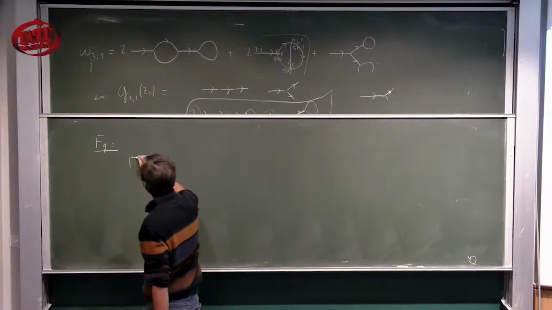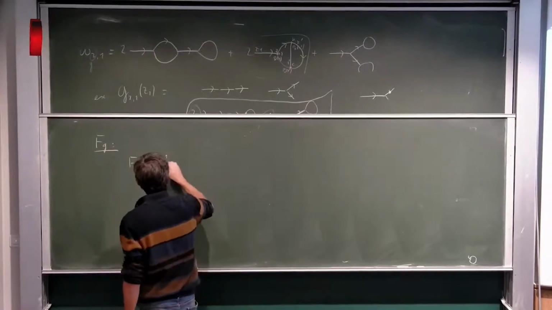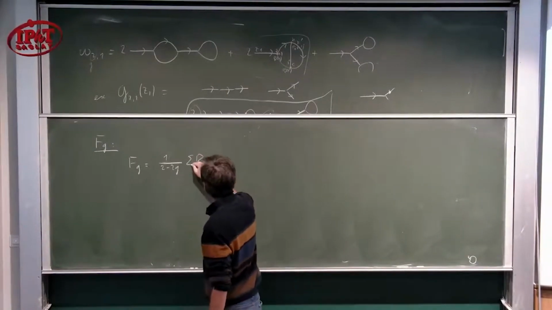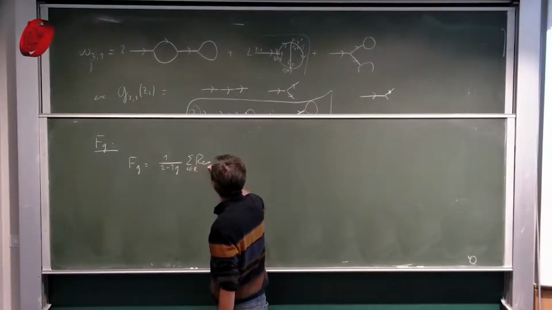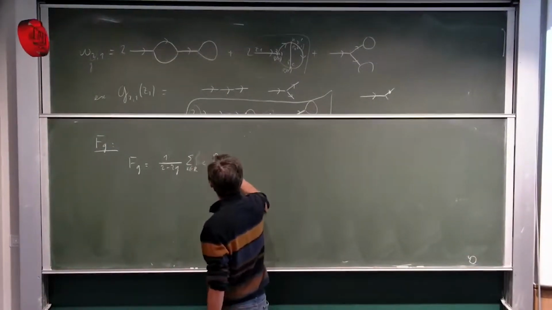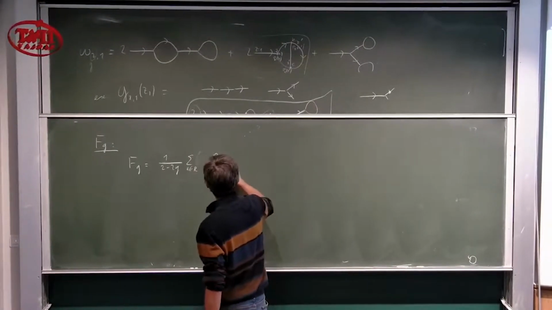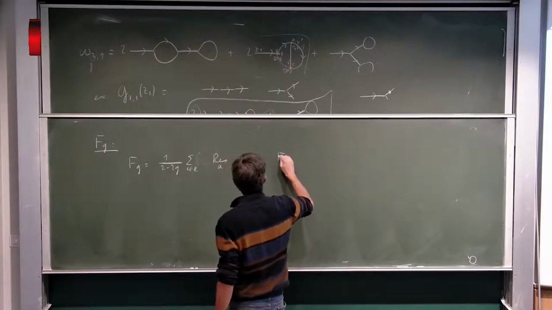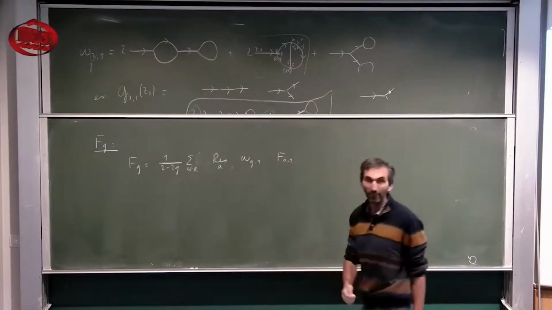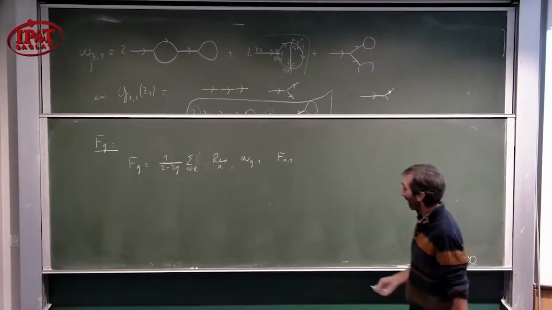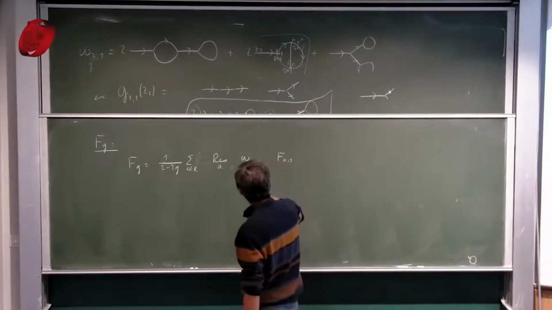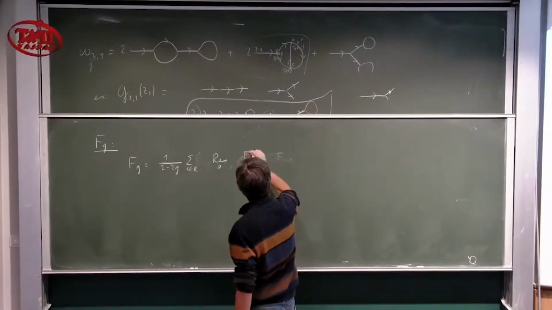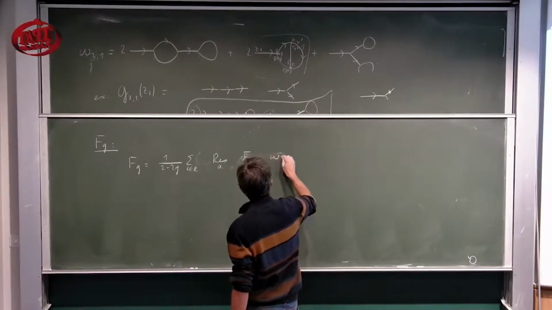Remember that FG by definition was 1 over 2 minus 2G, the sum of residues at A of F01 times omega G1.